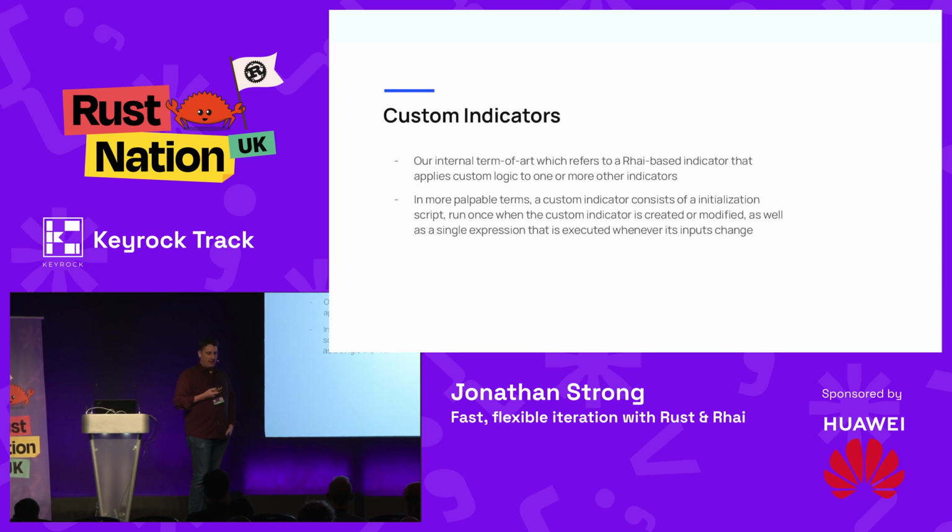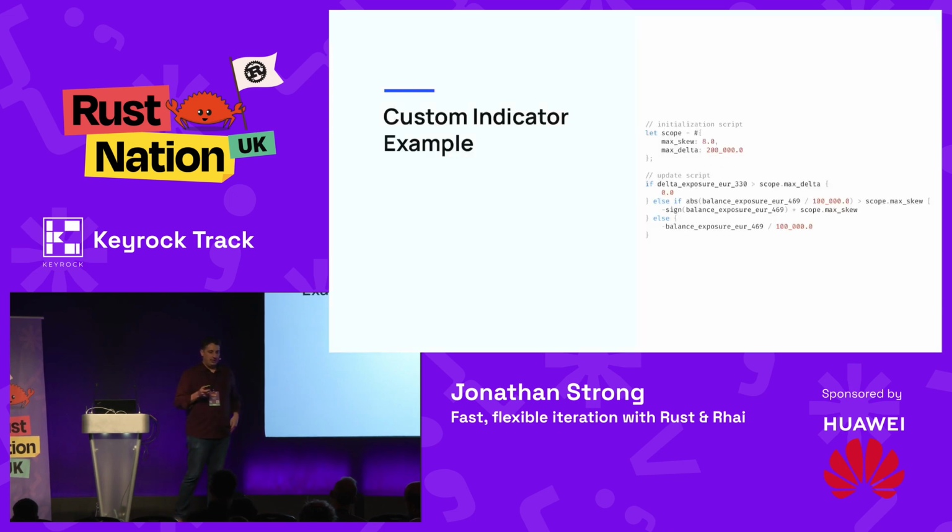In concrete terms, there's an initialization script that runs to create some scope, some state for the script to modify and keep track of things. And then there's an update script that is run every time a new piece of data comes in.